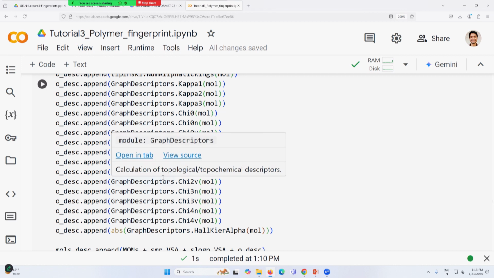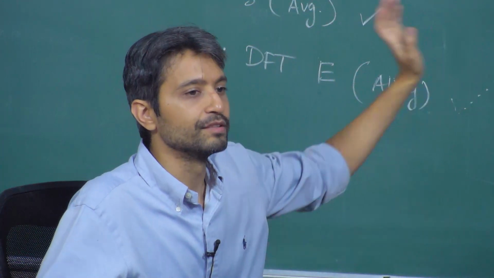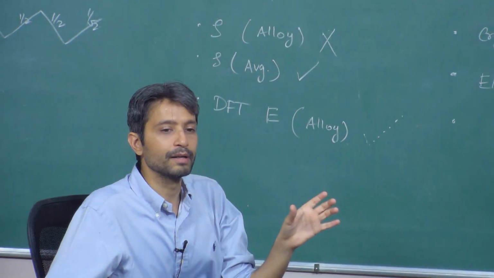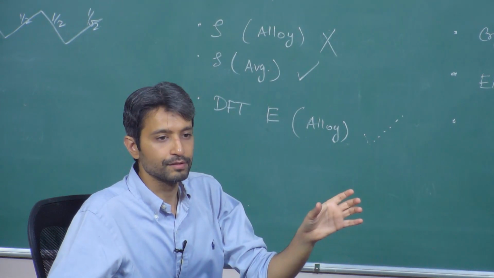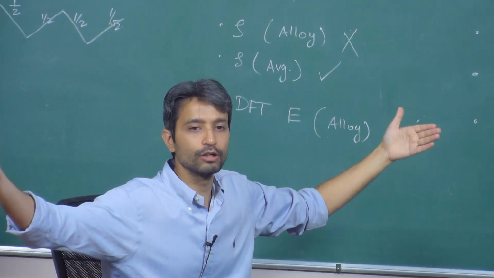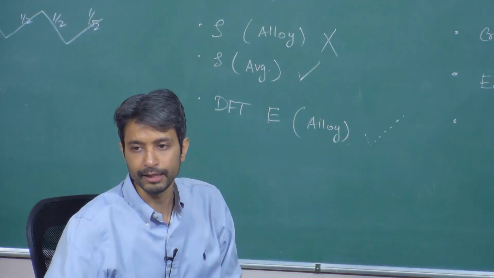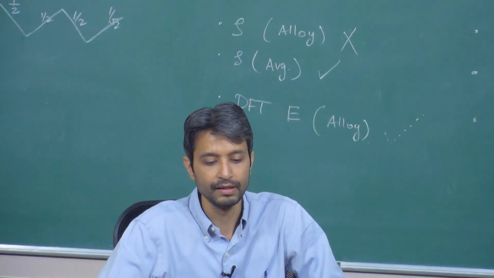Something very similar to how you have atomic fingerprints for alloys, and to that you concatenate a processing condition fingerprint. Same thing I am doing now. I have the Morgan fingerprint, to that I am adding my graph-based fingerprints, and I am making an even longer fingerprint vector consisting of both these different types of fingerprint strategies.